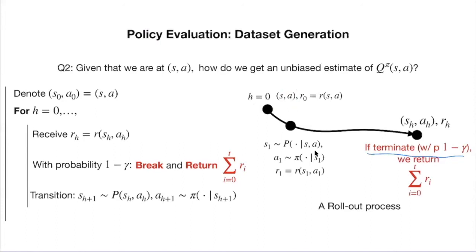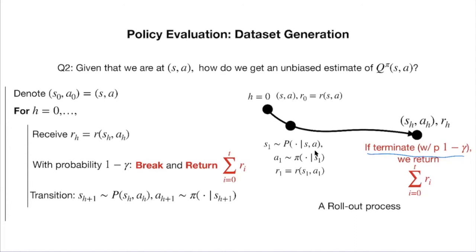If I terminate, I'm just going to return the sum of the rewards along this partial trajectory. This is called a rollout process. The previous process that we saw is called roll-in, because you just execute pi from the initial state and you roll in until a particular time step. So this is the rollout process.